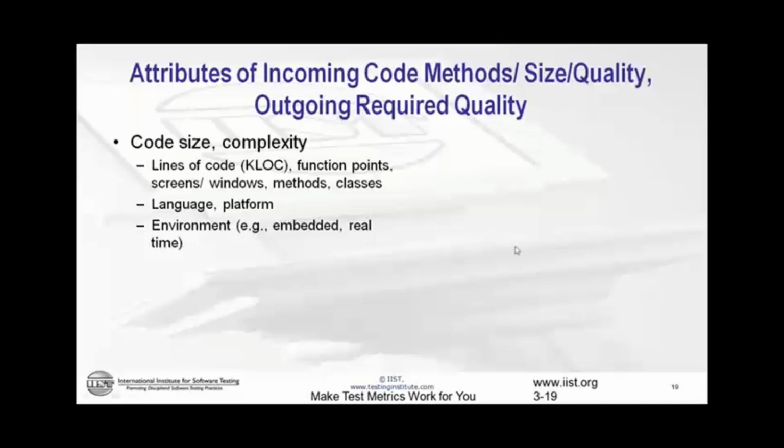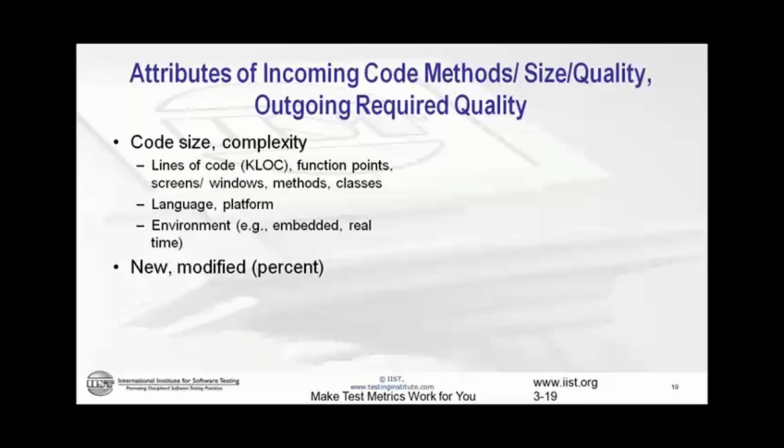The language, the platform, the environment that you're working in. These are all going to be characteristics that contribute to the quality of the code that's being produced. Somebody mentioned, is it new code or modified code? Big differences.